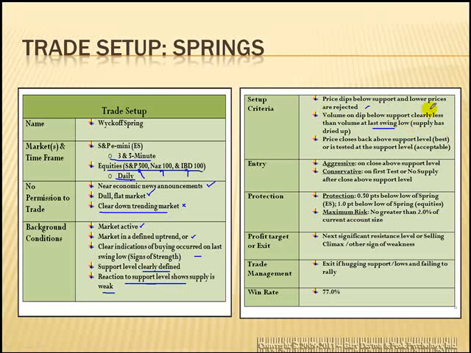My recommendation or suggestion would be to stay with the low volume swings down to begin with, and as you get more experience, you can tackle the higher volume ones as well. And then, of course, price dips down and then closes back up above support. Sometimes you'll see it tested at the support level.